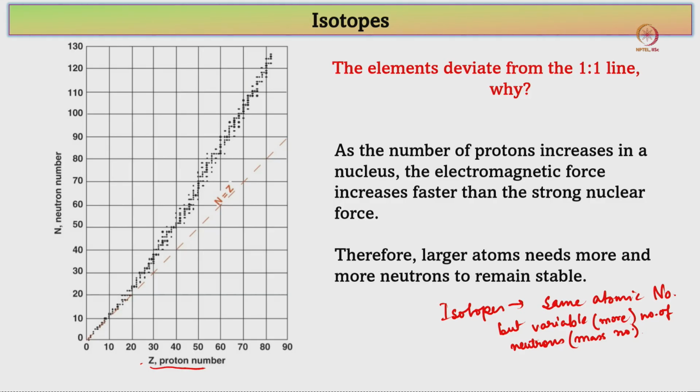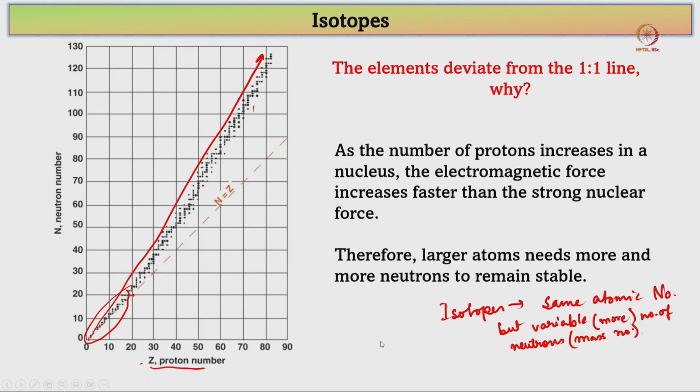We will see that this is actually the stability of the elements, that is, those elements which have higher neutrons as compared to the number of protons are the ones which are more stable. Okay. So, up to the atomic number 20, N is equal to Z, okay, this group is stable, where N is equal to Z.